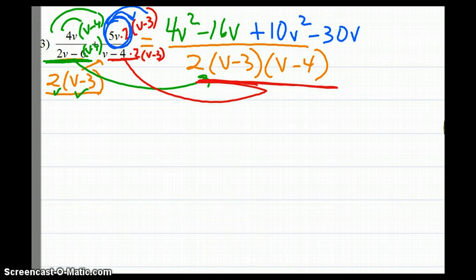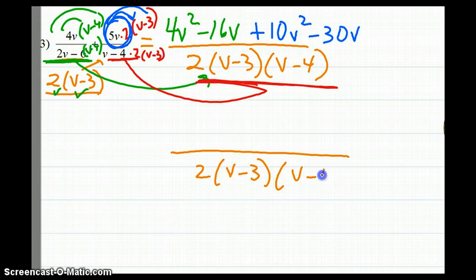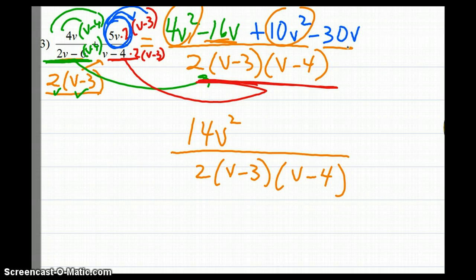Let's combine like terms on the top. So the v squares are the same, so we'll call that a 14v squared. Negative 16 and negative 30 more is going to be minus 46v. Now in this case, I noticed that the numerator has a common factor of 2 and a v.